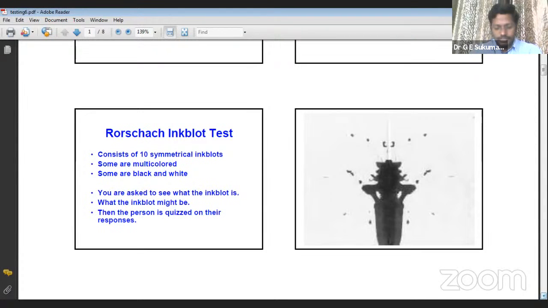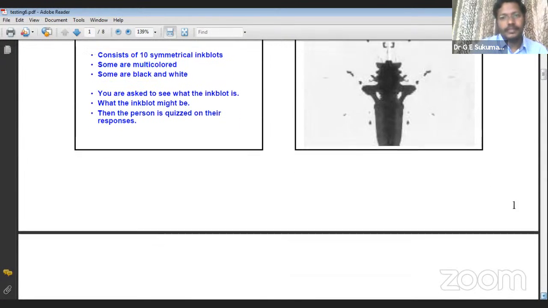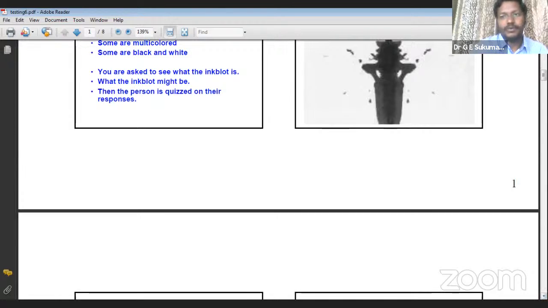They're called projective tests. Under projective tests, the Rorschach Inkblot is very famous. They're ink blots, not well defined, some multicolored, some black and white. By showing the ink blots, we ask the person to tell what it appears to be, what it looks like.